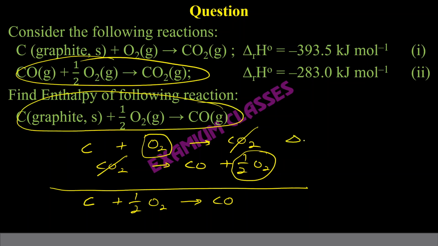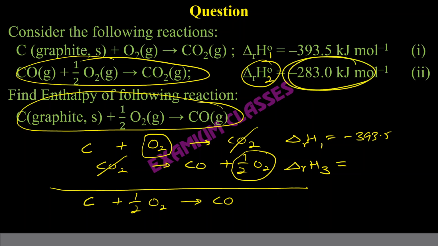So delta H of this reaction, delta RH1, is given as minus 393.5 kilojoules per mole. Units I am not writing, you should write. And here delta RH, I am saying it 3, because 2 we have already considered for this one. For example, it will be reverse of minus 283, that is plus 283.0.